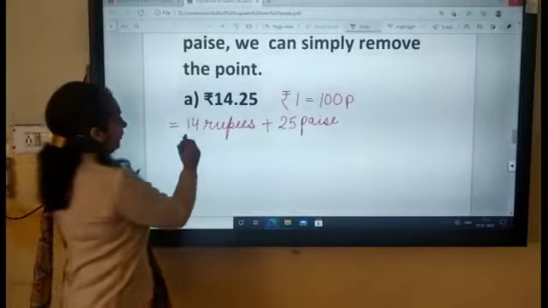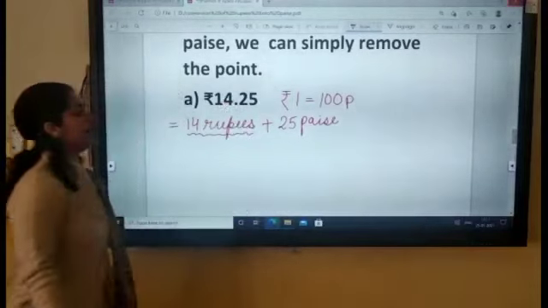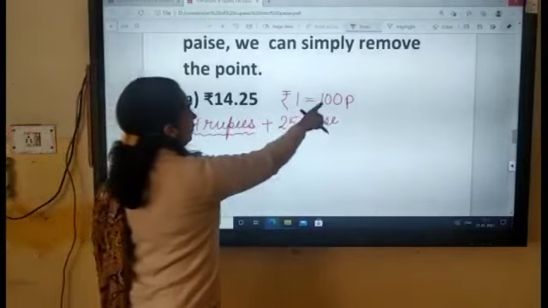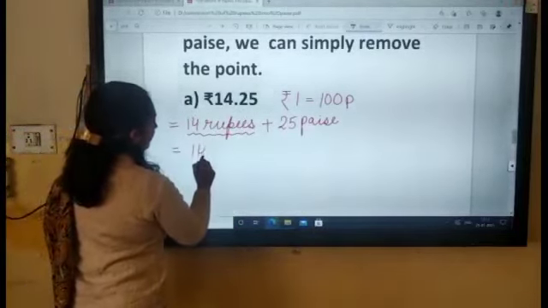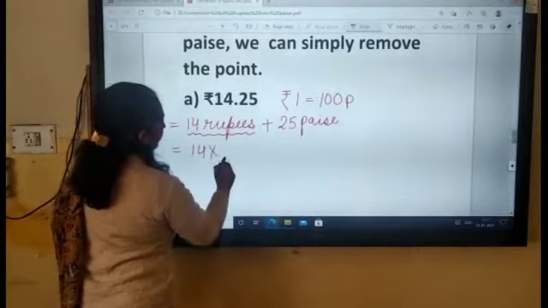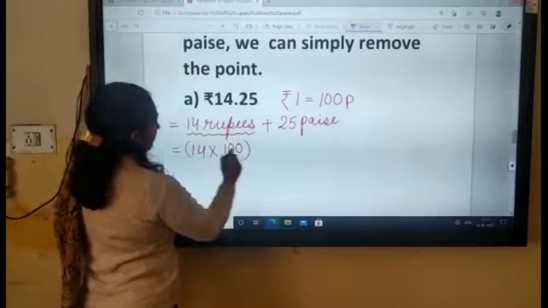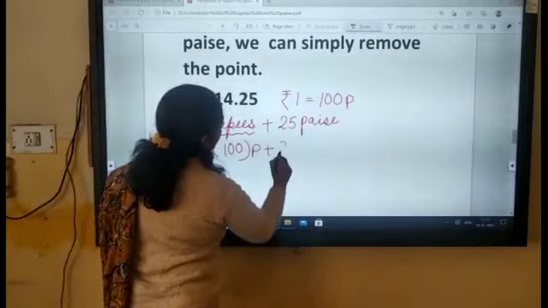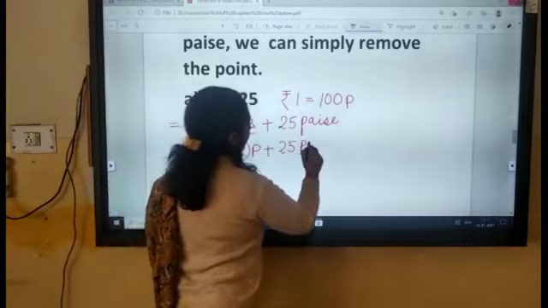What we will do for this? First of all, we will convert the rupees part into paise. And for this, we will multiply this with 100. And this will become paise, and then we will add this given amount of paise.